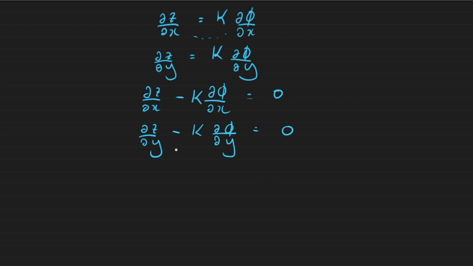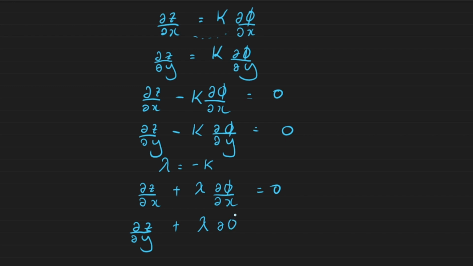I can now call minus k some other value, just to change it to a positive. I can call it lambda. That lambda is equal to minus k, and I can substitute it in. So it becomes del z dx plus lambda del phi dx is equal to 0, and del z dy plus lambda del phi dy is equal to 0. This lambda is actually what's called the Lagrange multiplier.